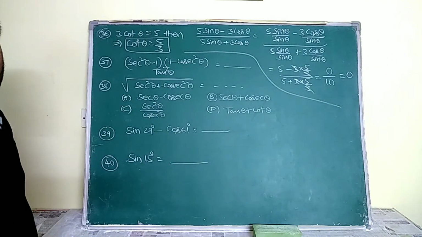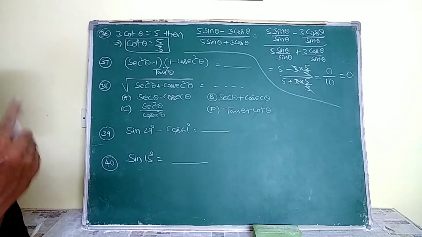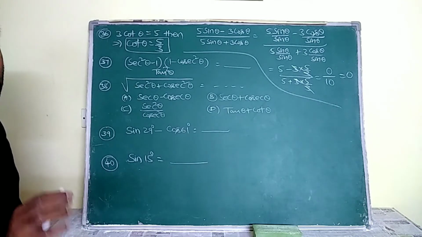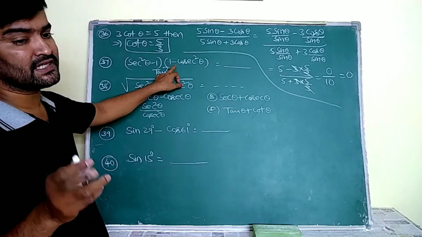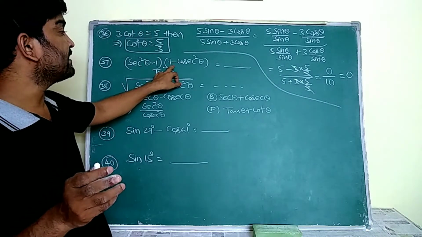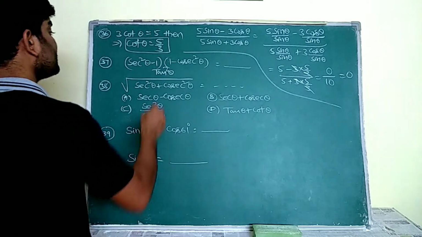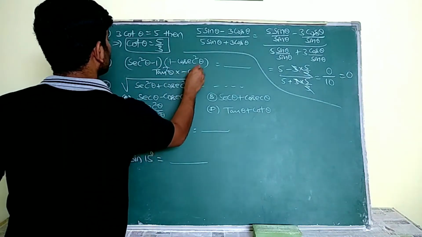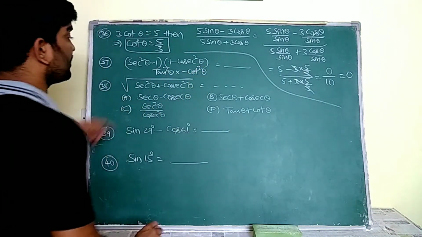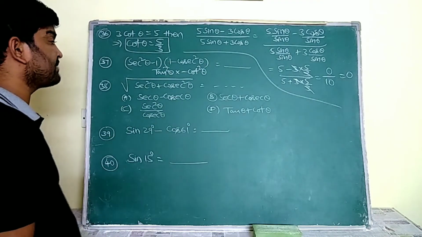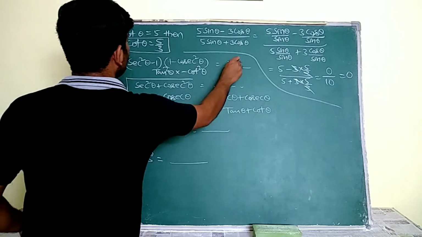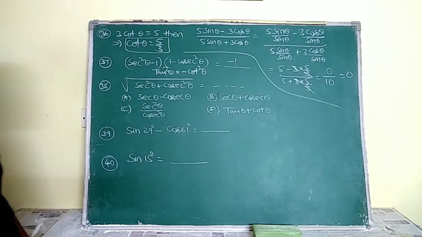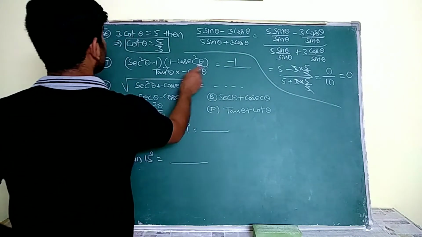Here cosecant square theta minus cot square theta is equal to 1. Here I am going to write 1 minus cosecant square theta means minus cot square theta. So minus tan square theta into cot square theta, we know that is minus 1. Understand ma? So you have to remember this.